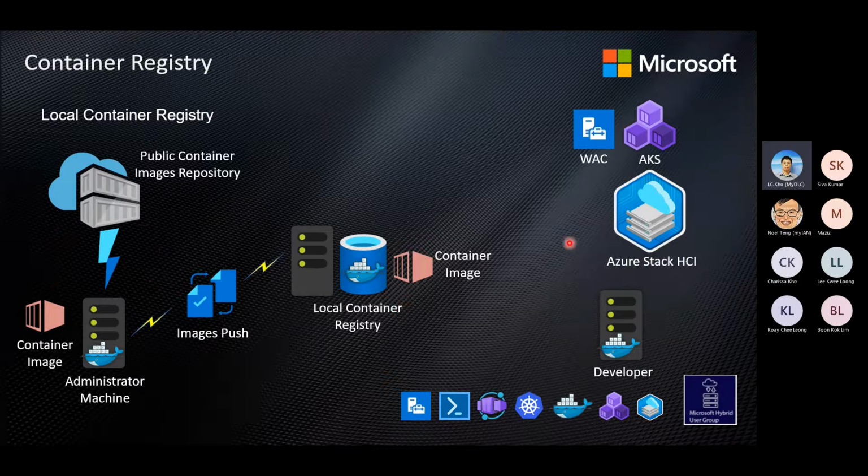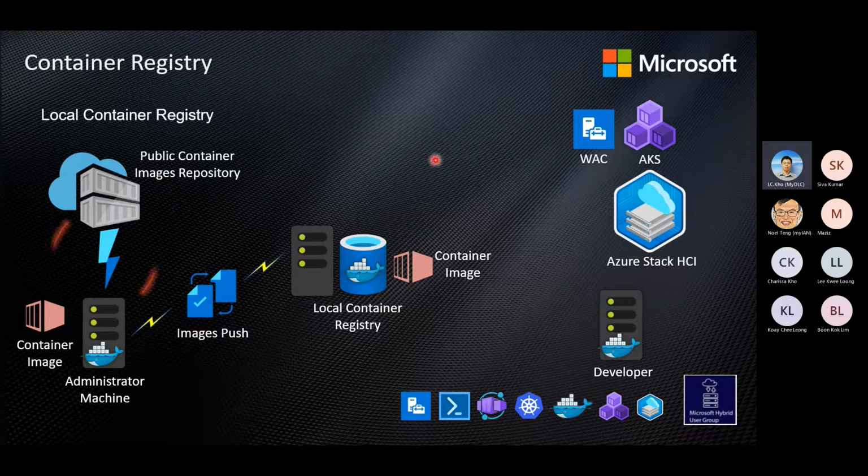Instead of going directly to the public container registry, they can look to the local container registry for the image download. This covers the scenario where, in some environments, the Azure Kubernetes Service and the developer machine do not have a direct internet connection to the outside world to communicate with the public container repository.